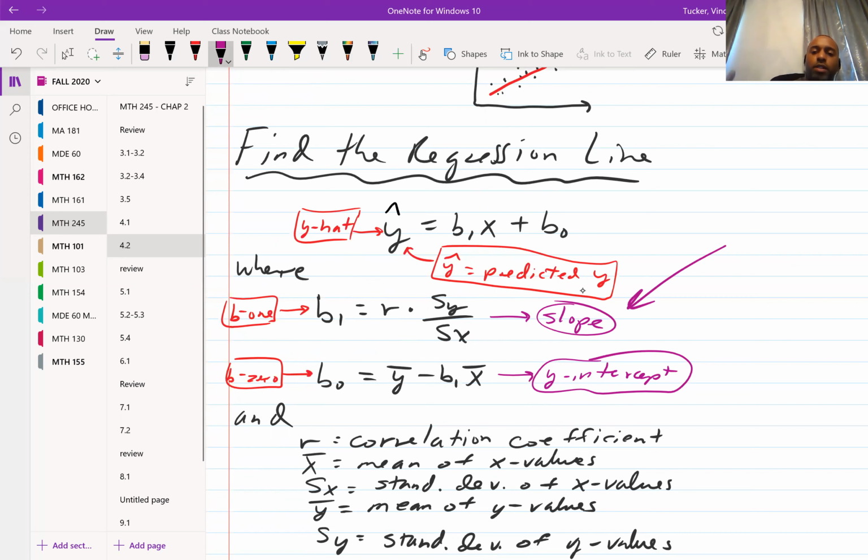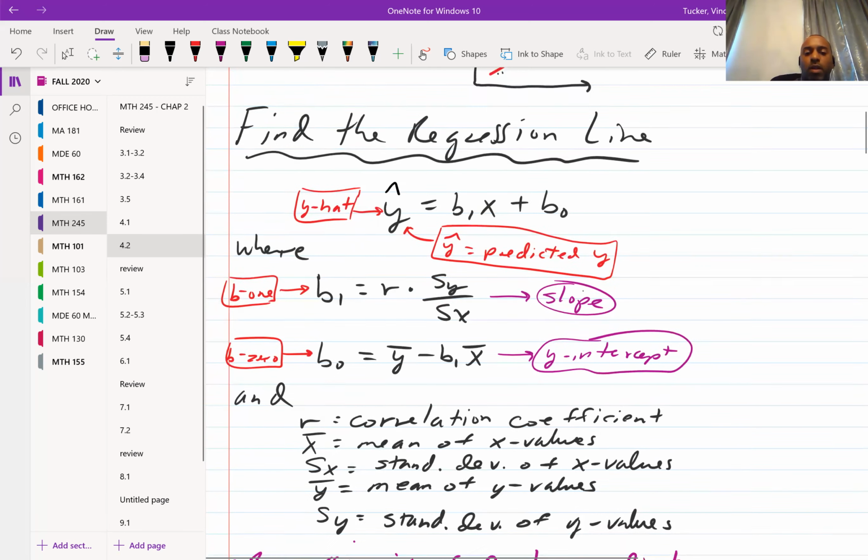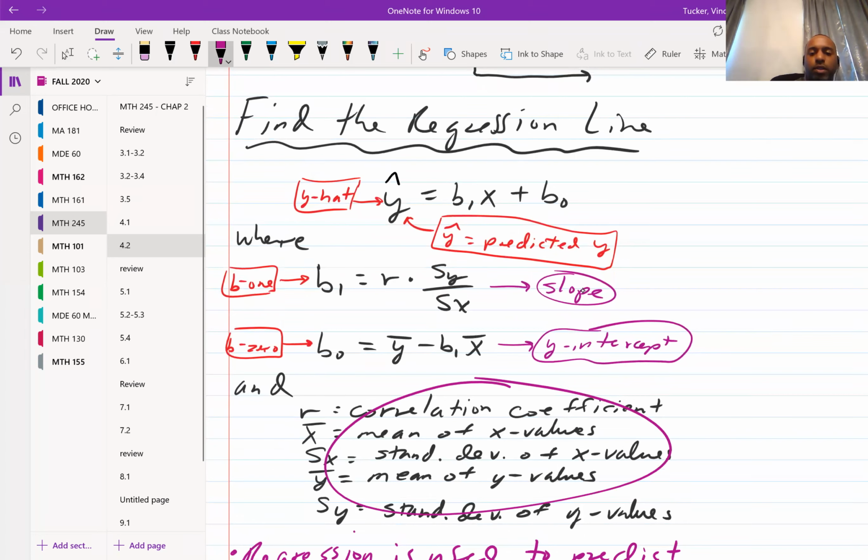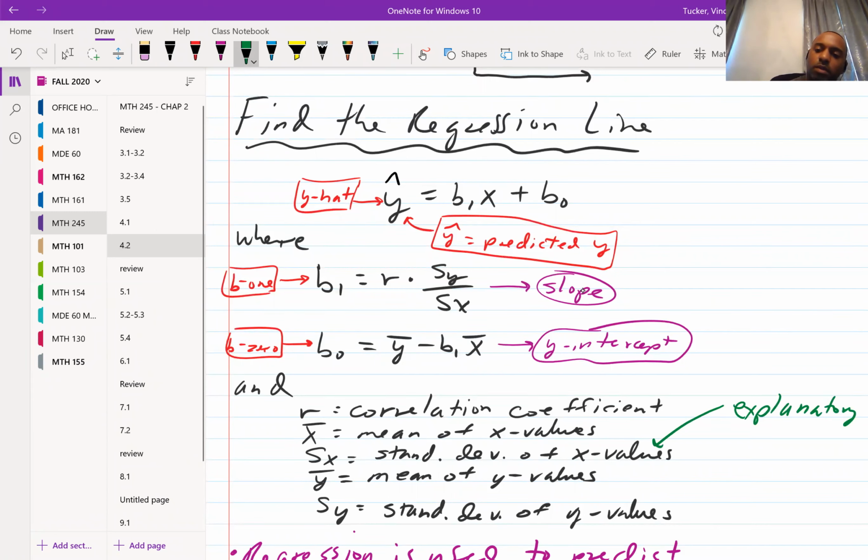So notice b1 is considered your slope. b naught or b0 is considered your y-intercept. And right here, r, x bar, s sub x, y bar, and s sub y are as defined. Don't forget your x values are your explanatory variable, and your y values are your response variable.